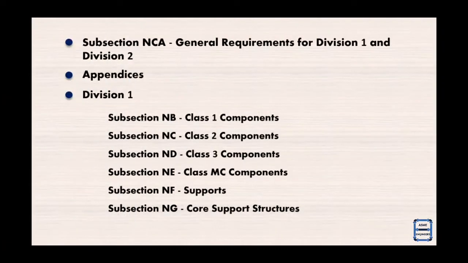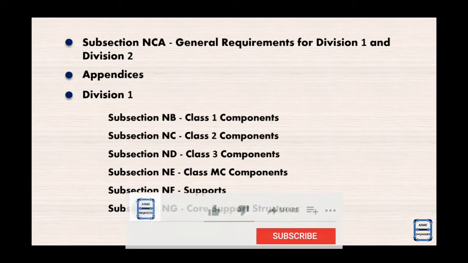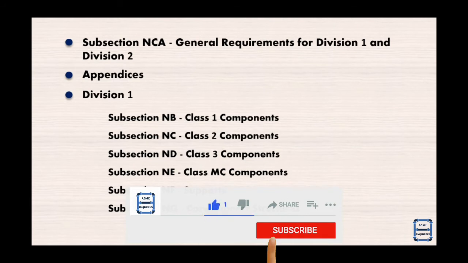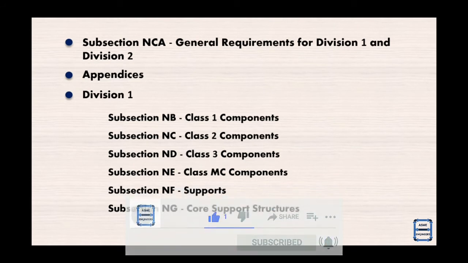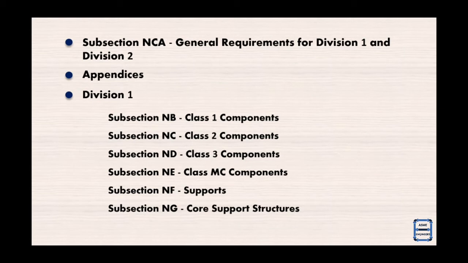It is categorized into various subsections like subsection NCA, which is the general requirement for Division 1 and Division 2. It is again categorized into NCA 1000, 2000 and so on. Next is Division 1, which is about metallic components.